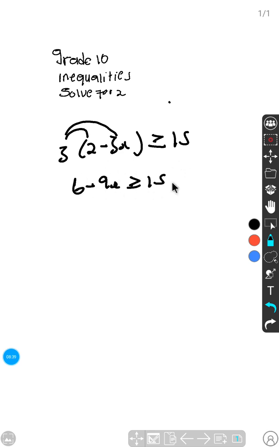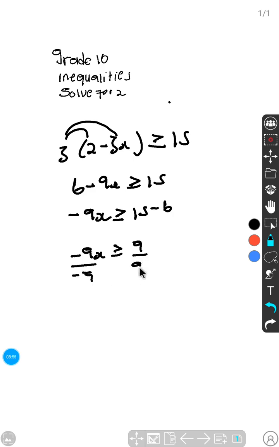Then we take the 6 that side, then we're left with minus 9x, changes the sign. 15 minus 6 is 9. Then we divide both sides by minus 9. Remember, we're dividing by negative, then the signs are changing. They're no longer facing this side, they're going to face this side. 9 over minus 1 is going to be minus 1.